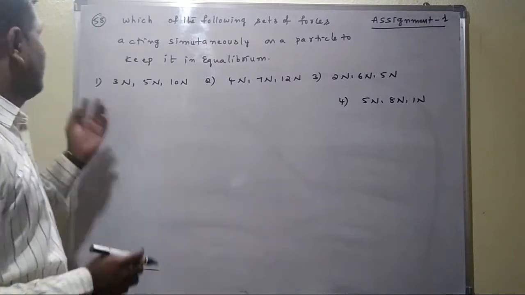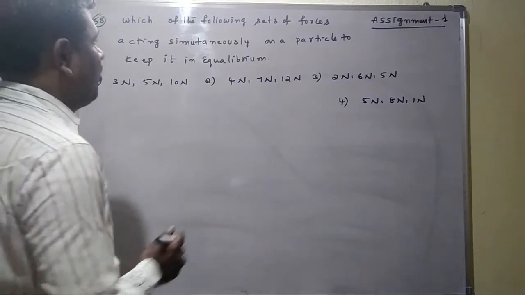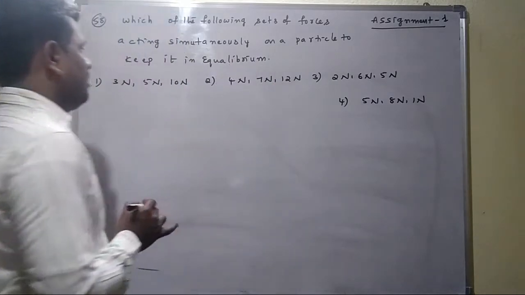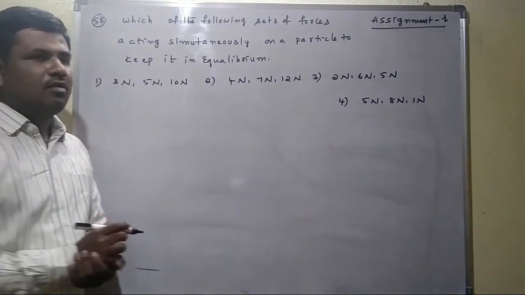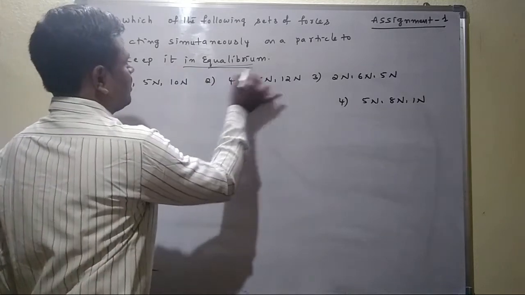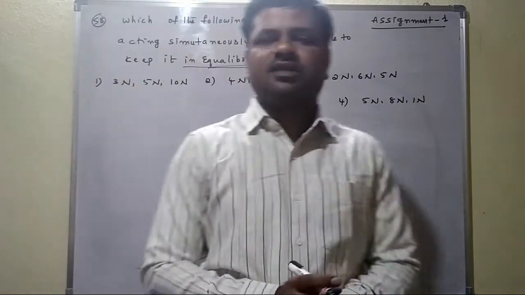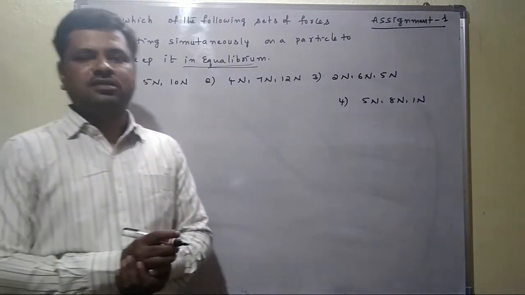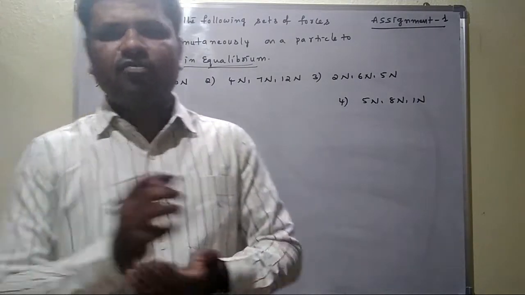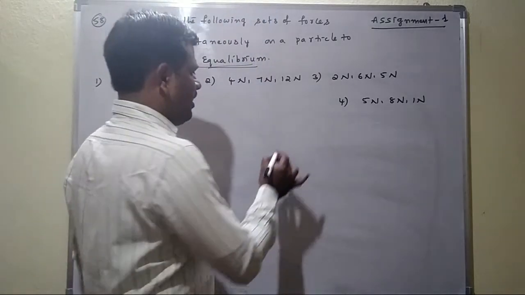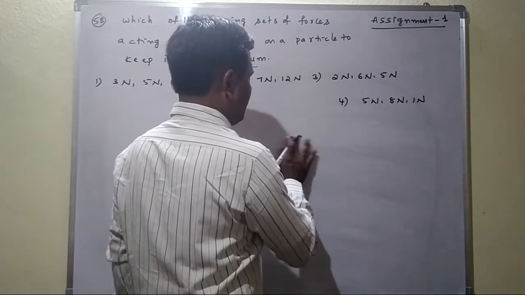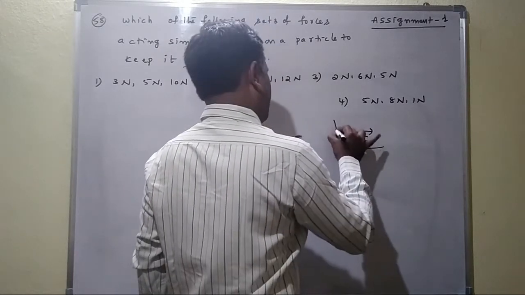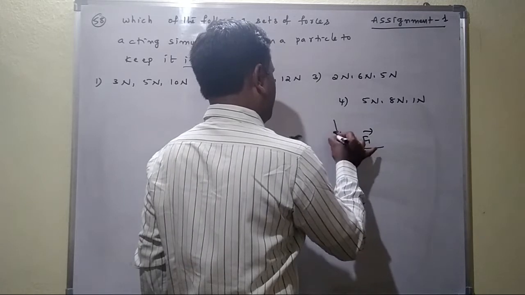See question number 58. Which of the following sets of forces acting simultaneously on a particle keep it in equilibrium? What is equilibrium? Equilibrium means the net force acting on the particle is 0. Suppose three forces F1 bar, F2 bar and F3 bar are acting on a particle.